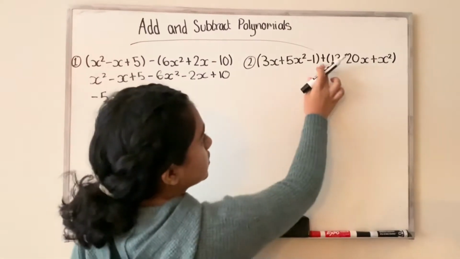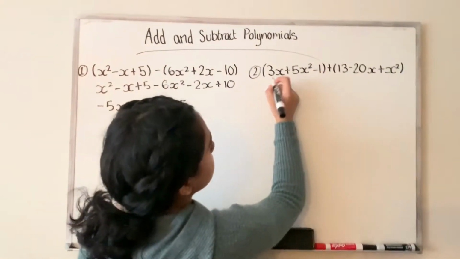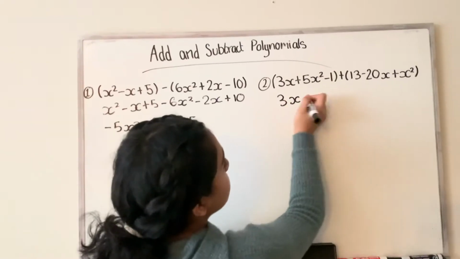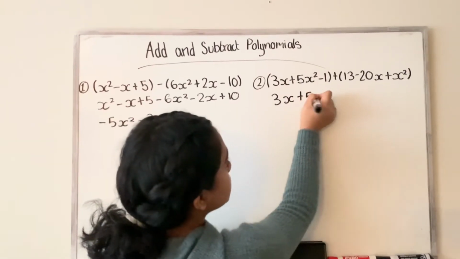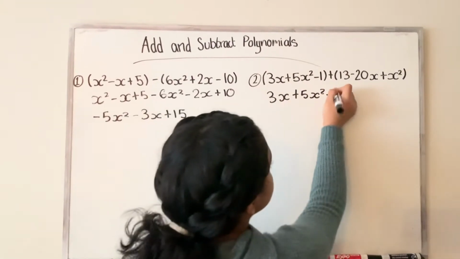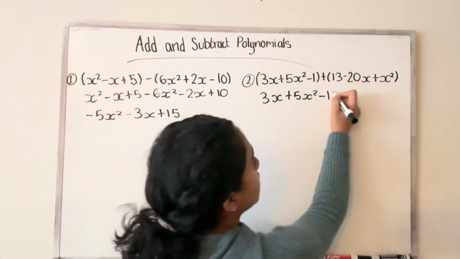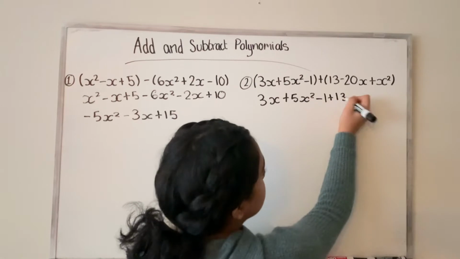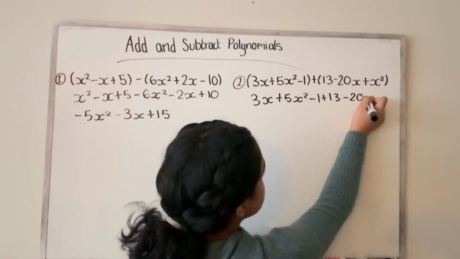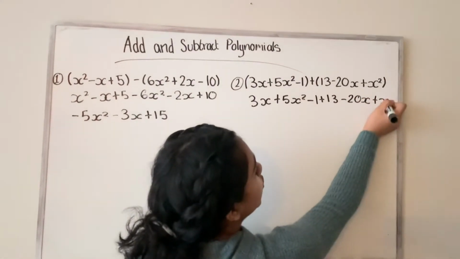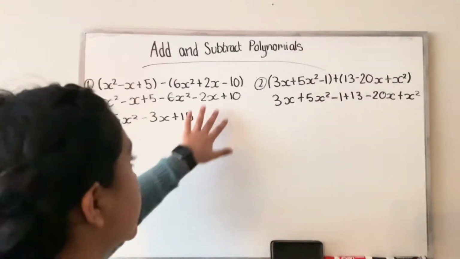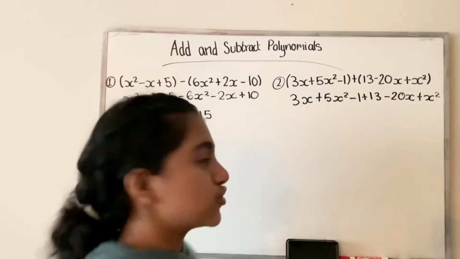So you could just write it. So it would be 3x plus 5x squared minus 1, and then just rewrite these two. So since this is a positive 13, it would be plus 13 minus 20x plus x squared. And just like we did here, you would just combine the like terms.